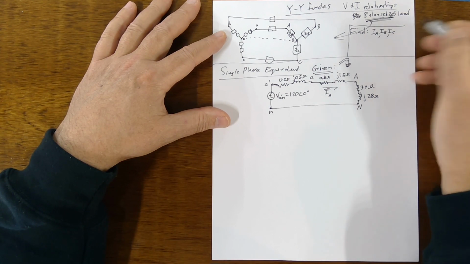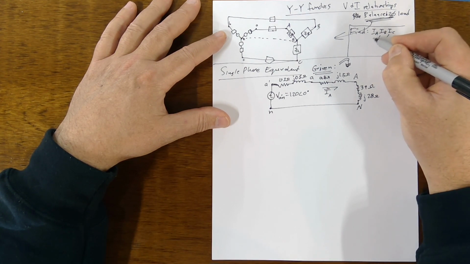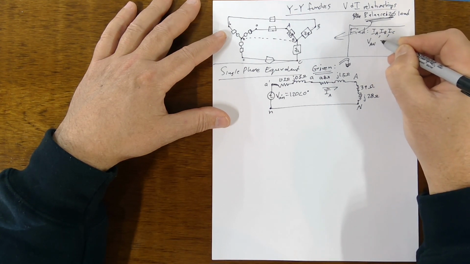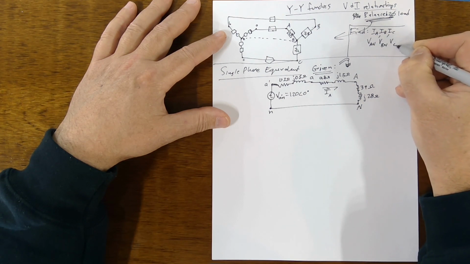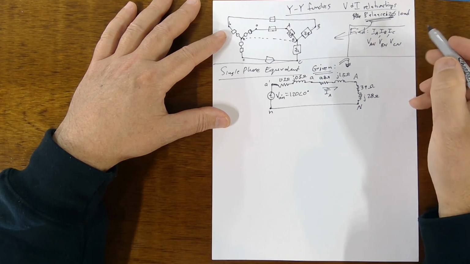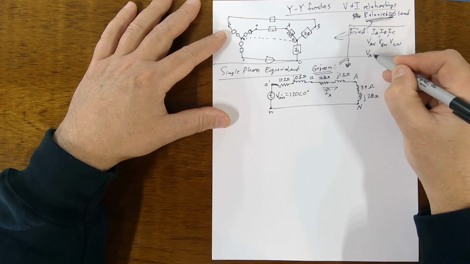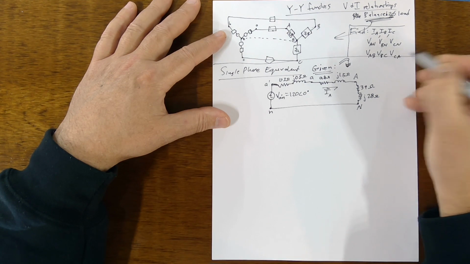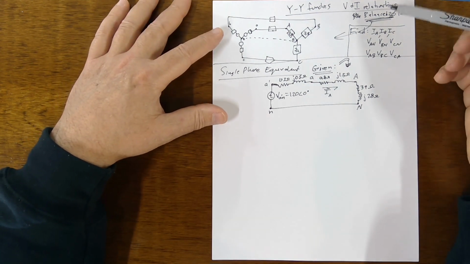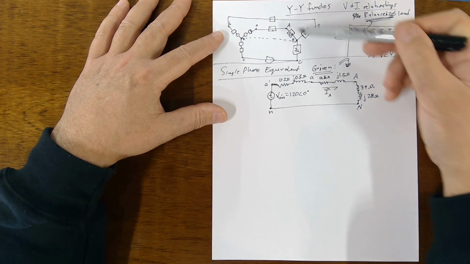All of those guys, okay, and we're trying to find VAN, VBN, and VCN, and then we're trying to find VAB, VBC, VCA.